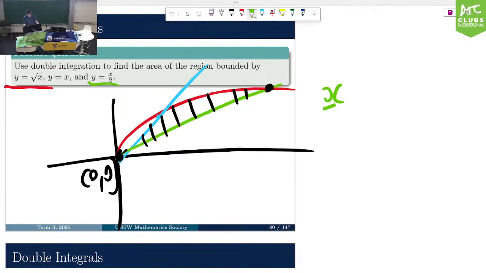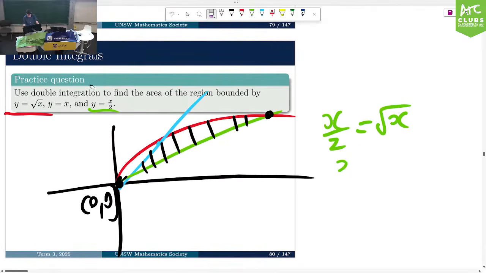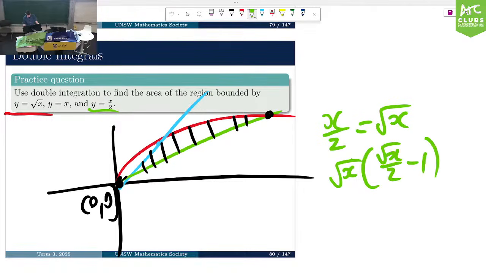So where x over 2 is equal to square root x, we could factorize. So square root x times (square root x over 2 minus 1), so x equals 4, it seems. Okay, so this would be 4 and then 2.